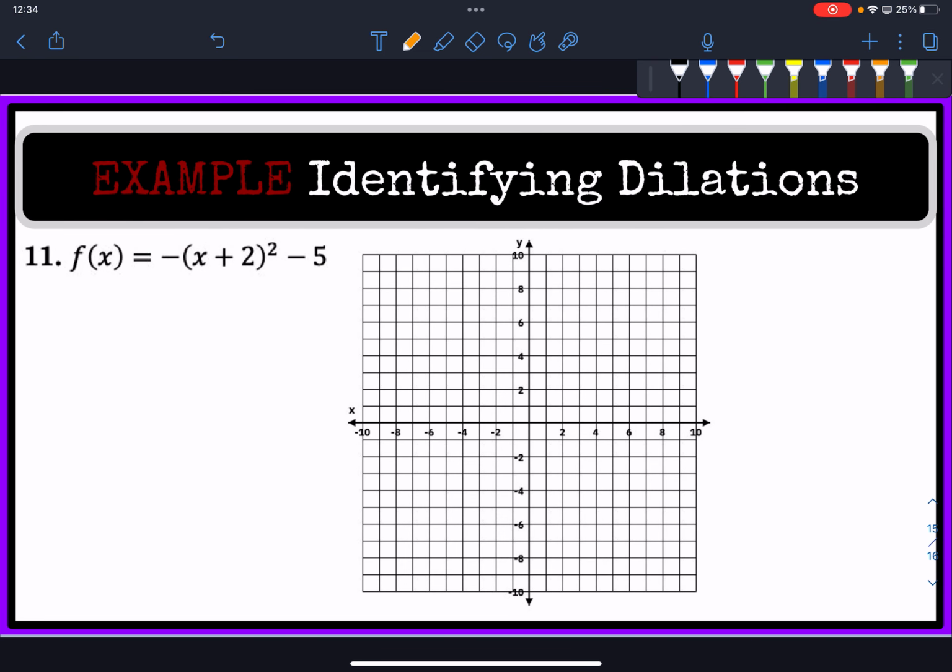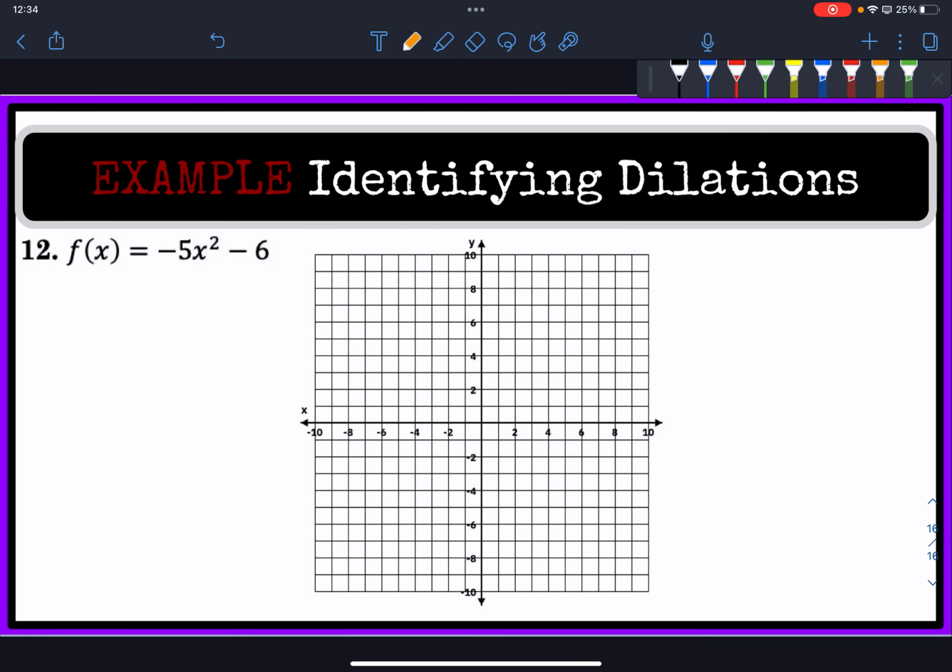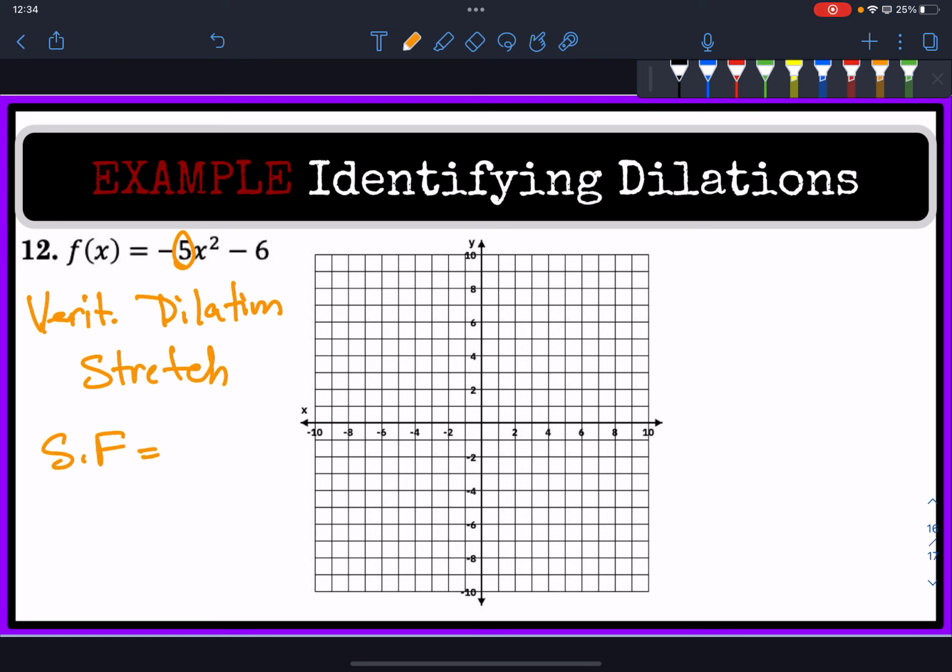So one more, okay? This one right here. With the 5 being on the outside, this is going to be a vertical dilation, where multiplying by 5 is going to stretch it, and our scale factor is equal to 5.